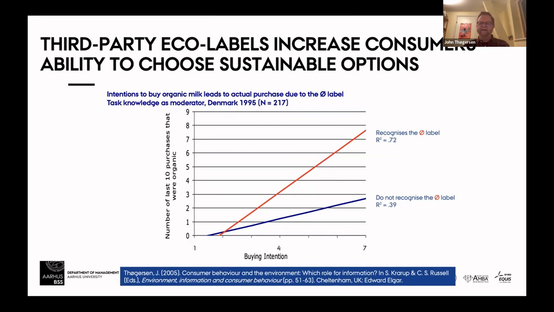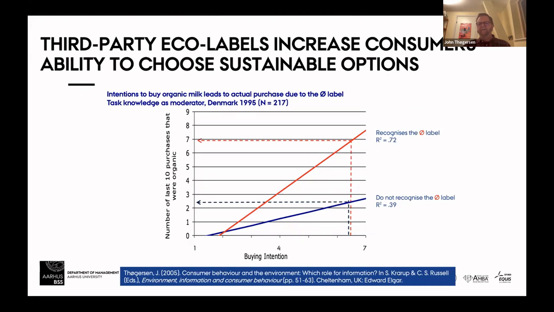What these two lines that you can see on the graph here are regression lines, and the steep line means that there is a stronger relationship between intentions and behavior. So basically, for those who recognized the label, there was a strong relationship between buying intentions and behavior, but for those that didn't recognize it, that relationship was weak. So that's how this illustrates how such an eco-label works.